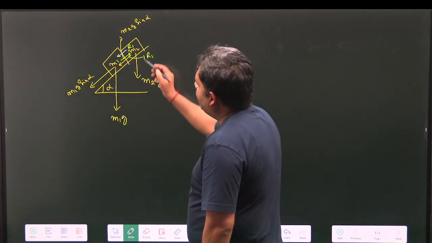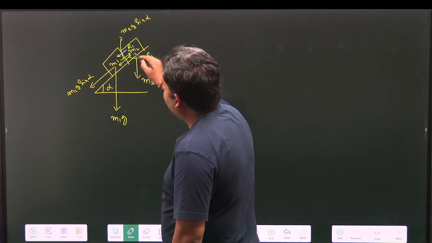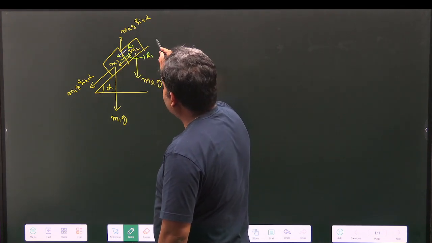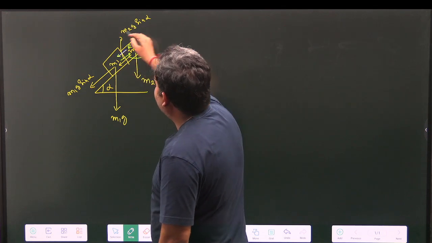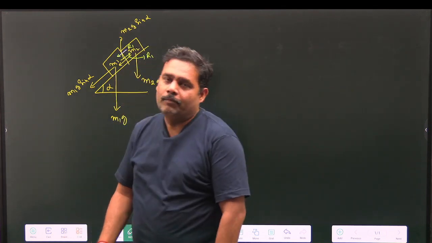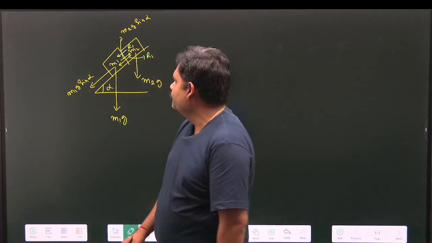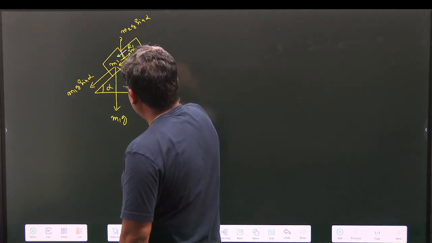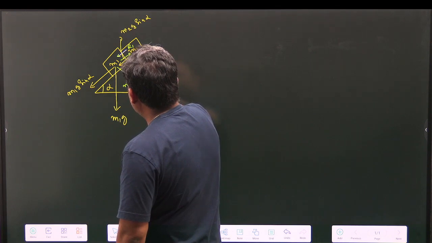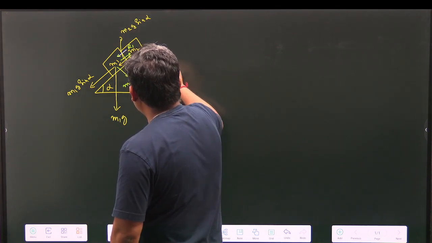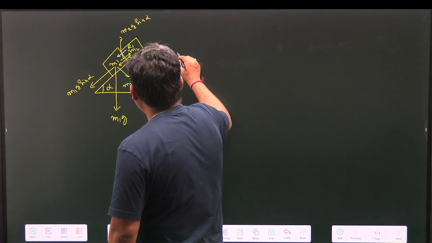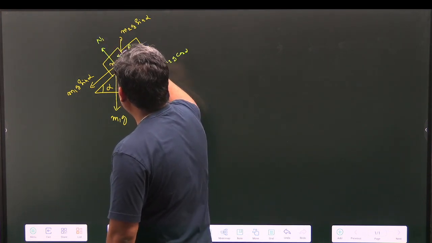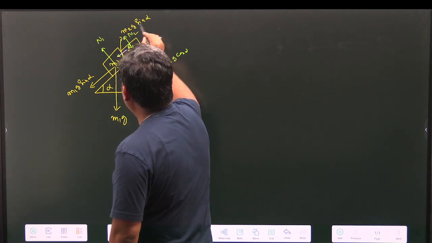You can see these two forces are equal and opposite, so we can treat them as internal forces if we assume a combined system of mass m1 and m2. Also, in this direction we have m1g cos alpha, and in this direction m2g cos alpha, and this will be my normal N1 and this will be my normal N2.